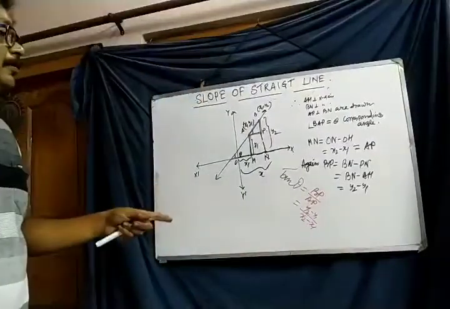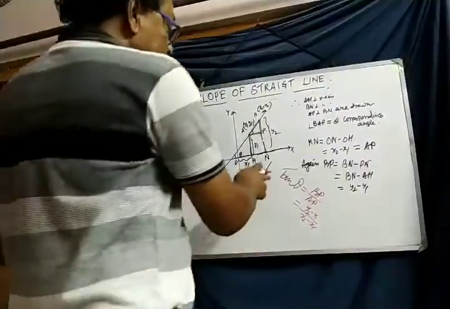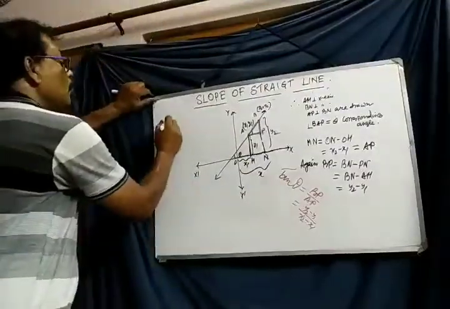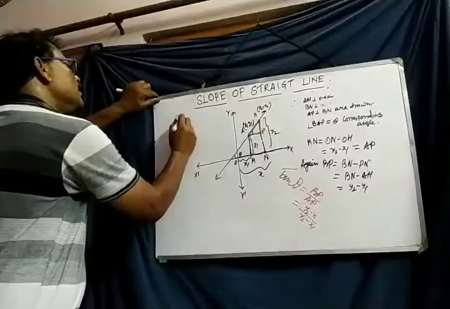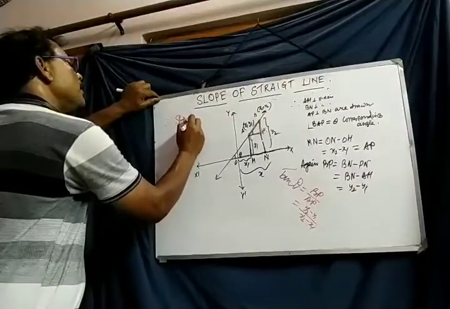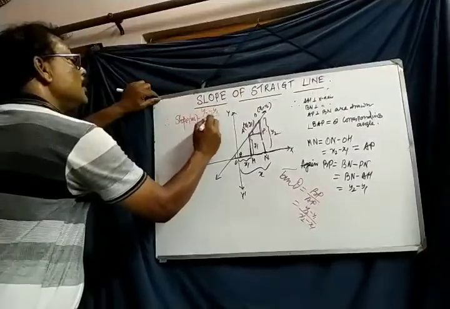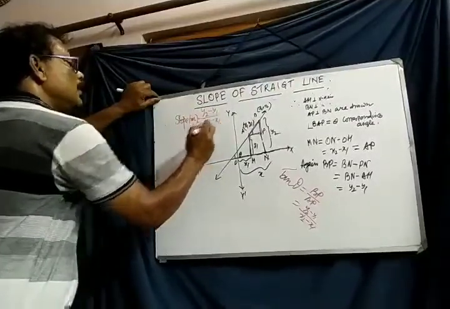We know from our previous discussion that tan theta is the slope of the straight line. Therefore, slope m is equal to y2 minus y1 by x2 minus x1.